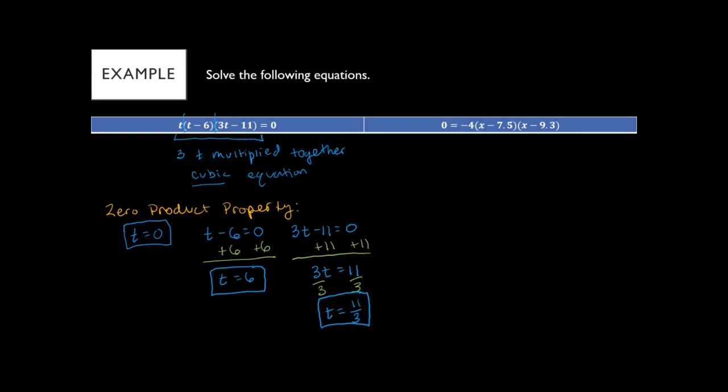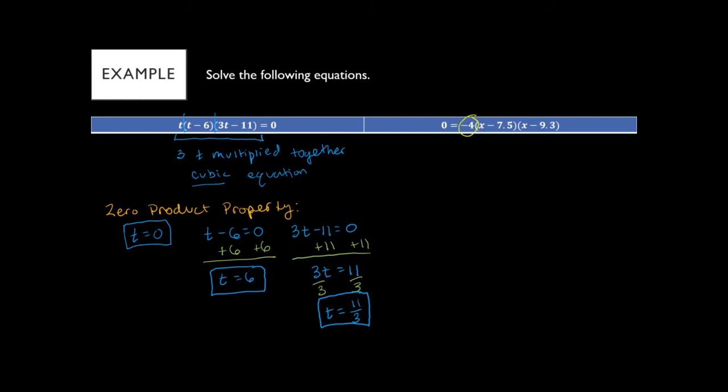Now on the right, I've kind of changed things up here. For one thing, the 0 is on the left instead of the right. That's completely fine. It's still equal to 0. And then we also have 3 things multiplied together, but one of them is a number. So there are 2 ways that we can basically look at this.